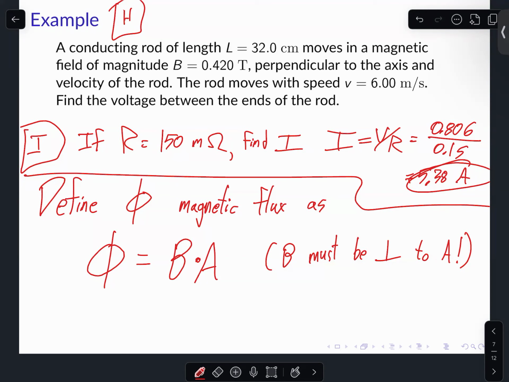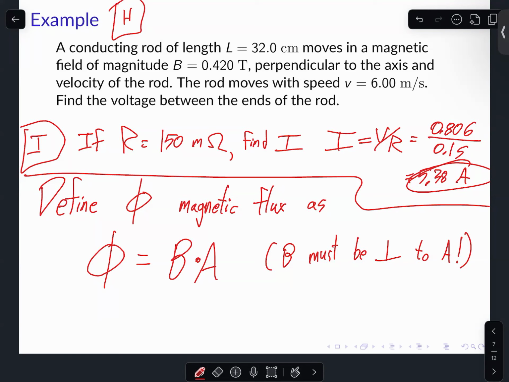I want to emphasize the magnetic field must be perpendicular to the area. Perpendicular to area, which direction does area point? Area is a plane. If you are perpendicular to the plane, you are at right angles, you are not in the plane. So if the area is the area of my hand, and the magnetic field is to the right or left, then this is not perpendicular.